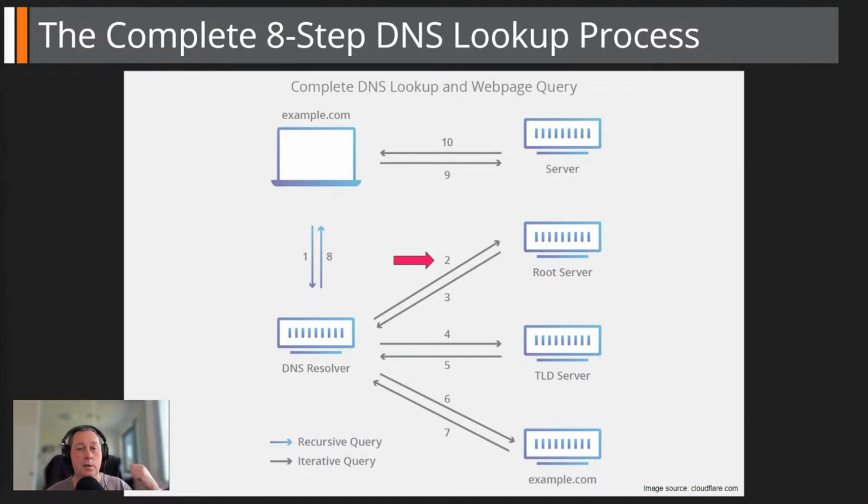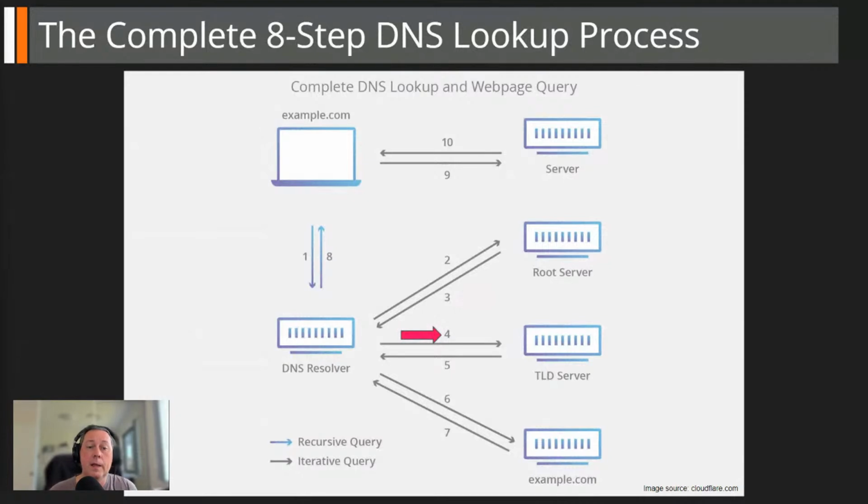This is looking for the .com first, and it's going to tell it where the .com is, and then the example part of that. The root server responds to the resolver with the address of the top-level domain, TLD, DNS server, such as the .com or .net, which stores the information for its domains. When searching for example.com, our request is pointed towards the .com top-level domain server.